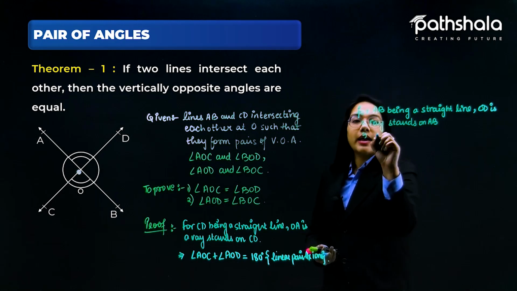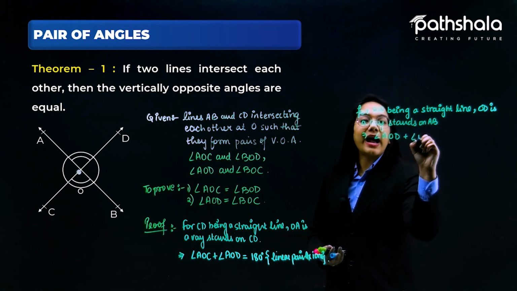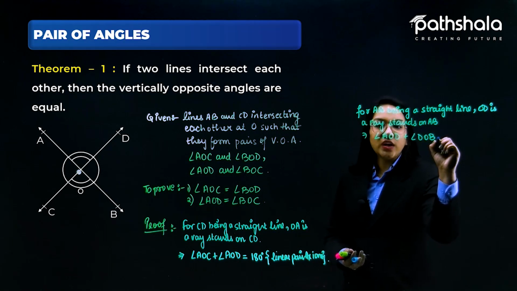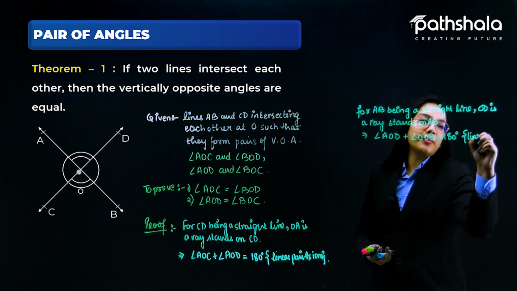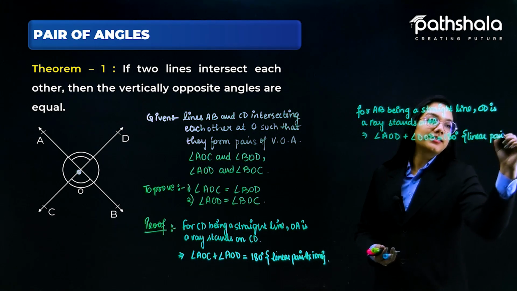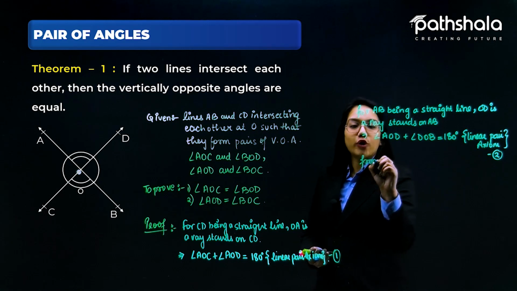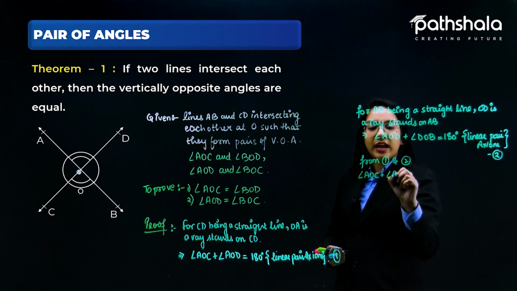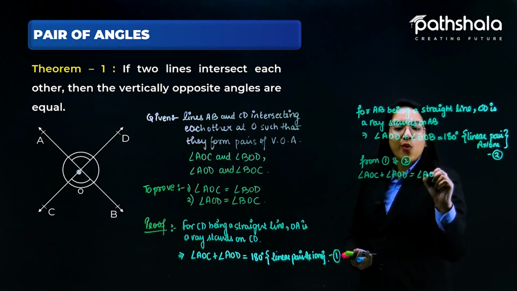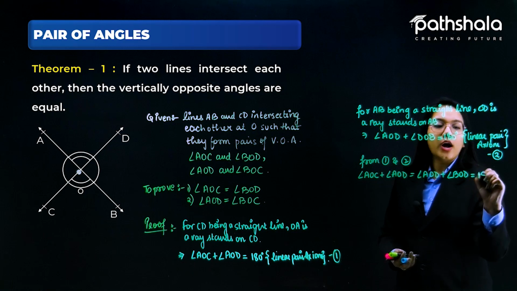So it implies angle AOD plus angle DOB is equal to 180 degrees again, from the linear pair axiom. Let us take this as equation number 2 and the previous as equation number 1. From 1 and 2, angle AOC plus angle AOD is equal to angle AOD plus angle BOD, which is equal to 180 degrees.